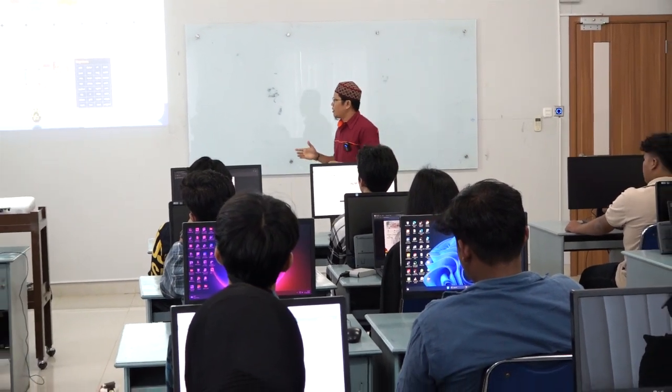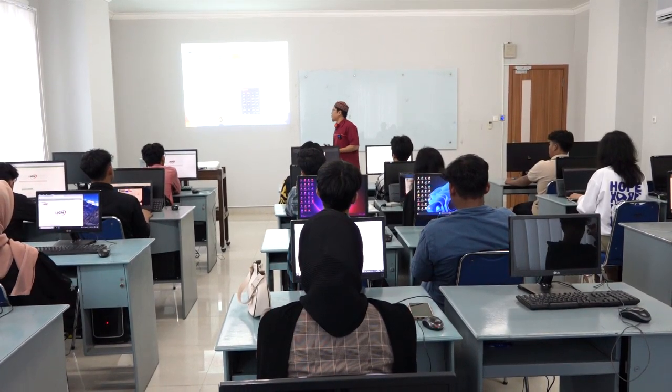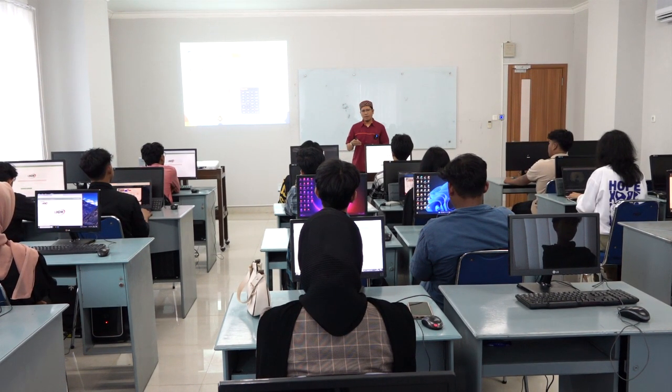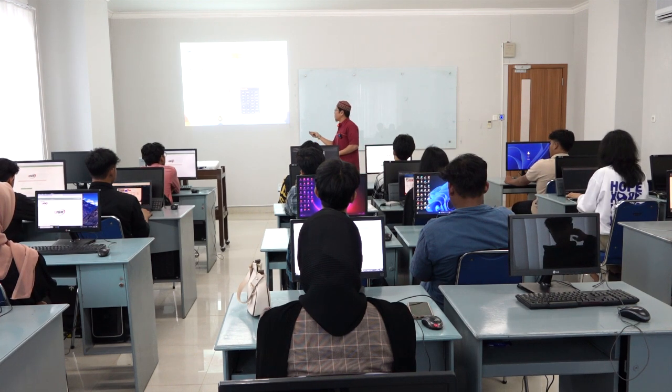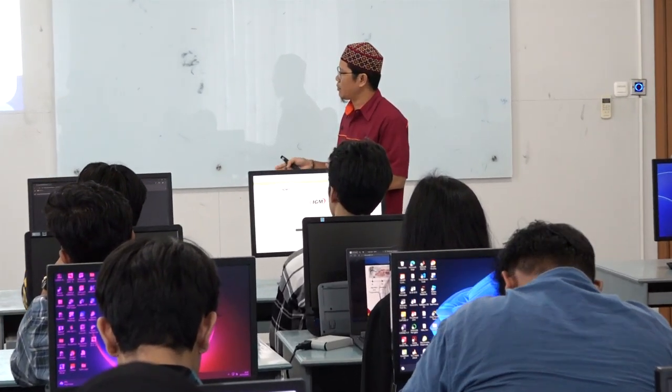Before we declare things in our code, in our programming language, we need an identifier. A variable must be declared, must be identified. The unique name we give to a variable is called an identifier. And then keyword. A keyword is one of the things we need in our programming.